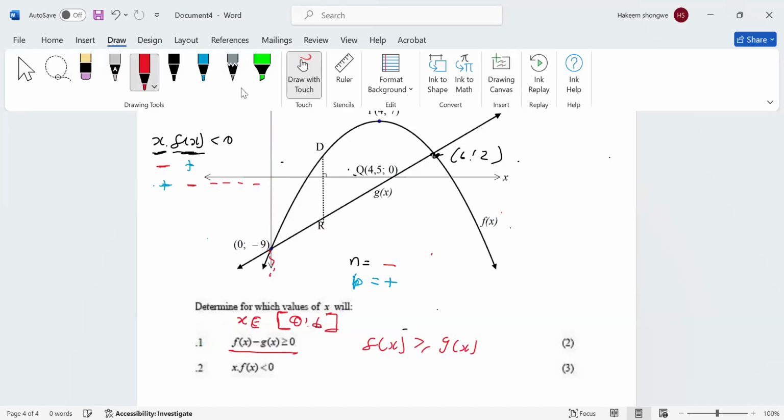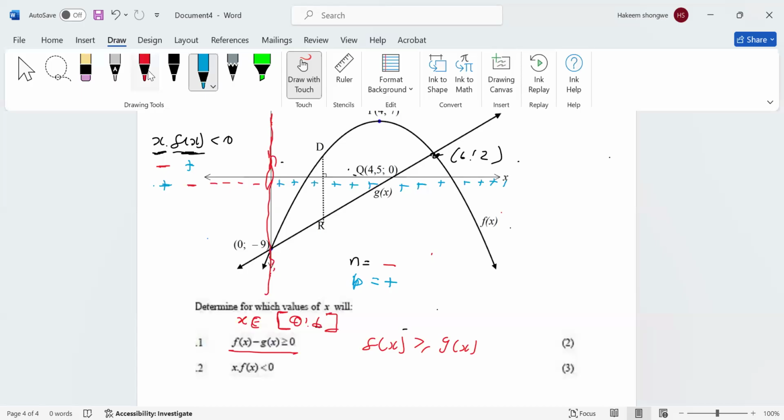It's 1, it's 2. I'm drawing a vertical line at x is equal to 0. And after that, we have positive, positive, positive. And for the graph, positive.